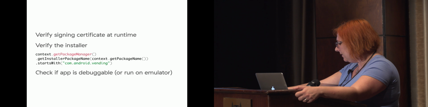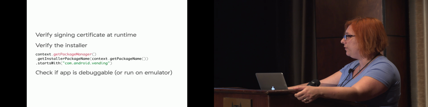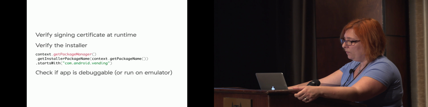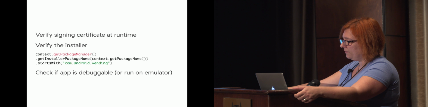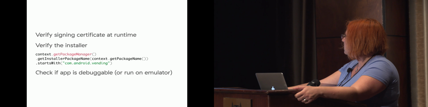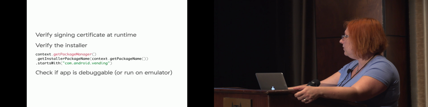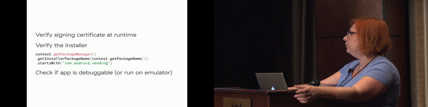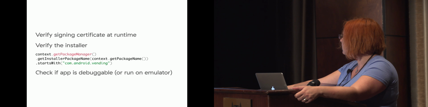Another problem we had is at one point in time, we started getting a lot of crash reports for an application, which was weird because the frequency of the reports was very high. And upon inspecting Crashlytics, we found that somebody was running the application on a rooted emulator device.